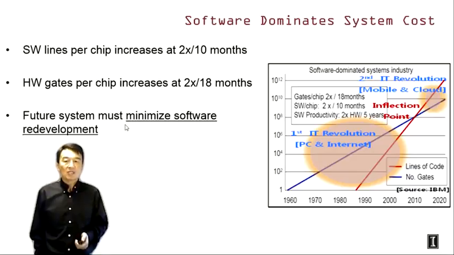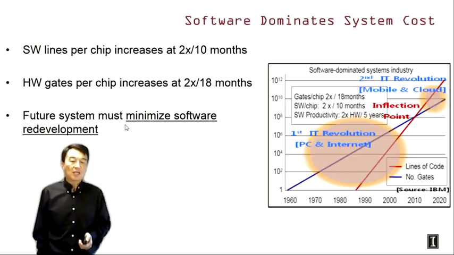The software cost is measured by lines per chip, and it has been growing by 2 times every 10 months. The hardware cost is measured by gates per chip, and it has been increasing by 2 times every 18 months. Therefore, the software cost has been growing much faster than the hardware cost.